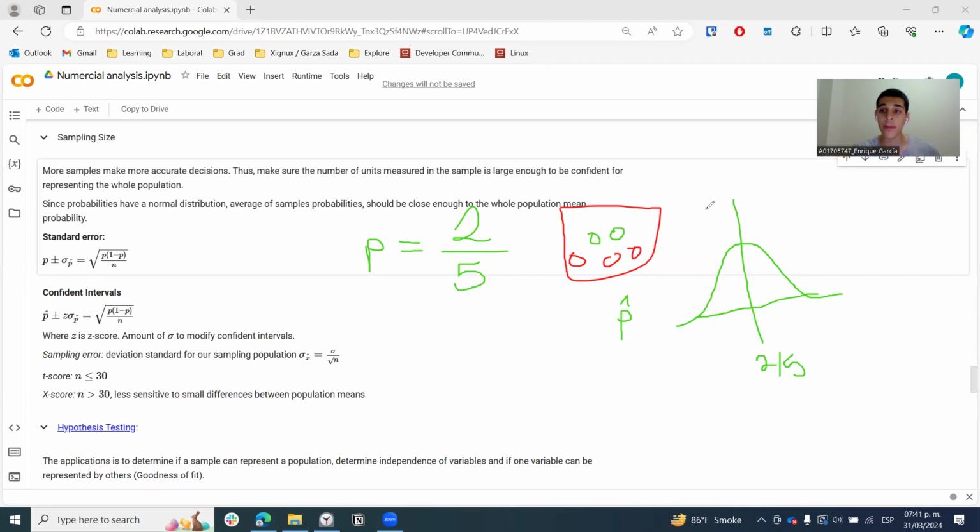Let's say that we want to have more information about the behavior of these sampling probabilities, and we want them to be around the 68% of our whole population, so that 68% of all the p hats would be around the standard error, which would be the probability of the population plus or minus one standard deviation of our whole population. That is what the standard error gives us.